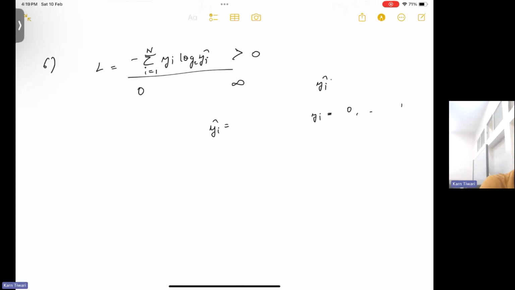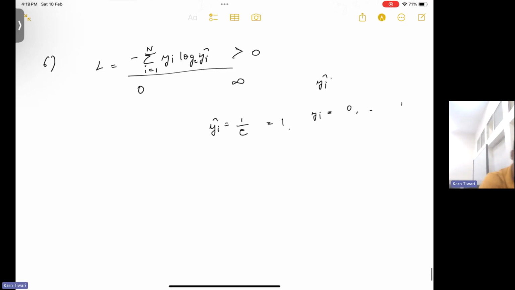You can take yi cap as 1 by e. That's a valid thing. 1 by e is less than 1, and in that case, it's equal to 1.